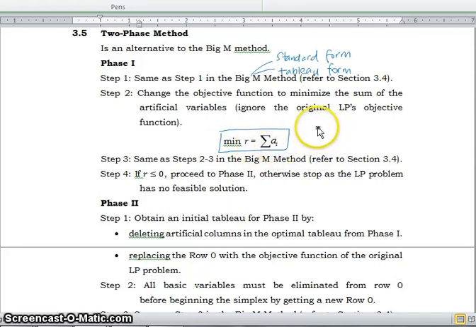For example, if you have two artificial variables in the model, A1 and A2, then the objective function in phase 1 is minimize R equals A1 plus A2. Then you need to eliminate artificial variables from row 0 in step 3.